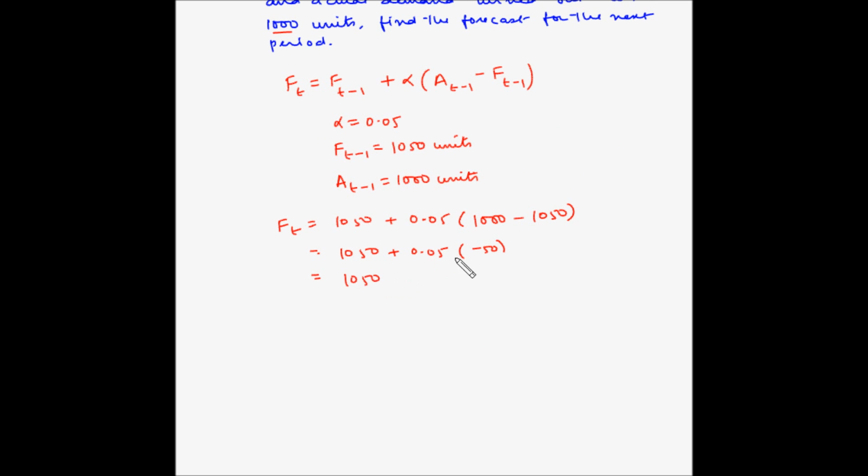So this 0.05 multiplied by 50 is 2.5, and plus minus is minus, so minus 2.5. So this is equal to 1047.5 units. So this is the forecast for the next period using exponential smoothing method.